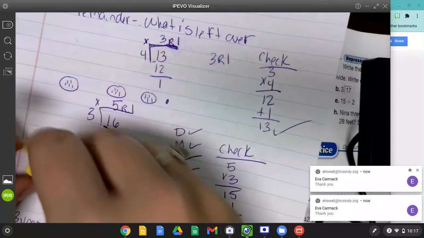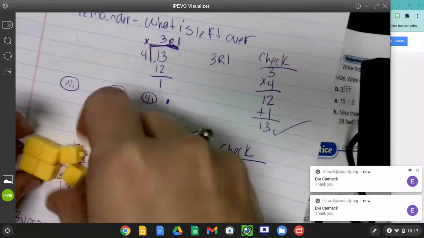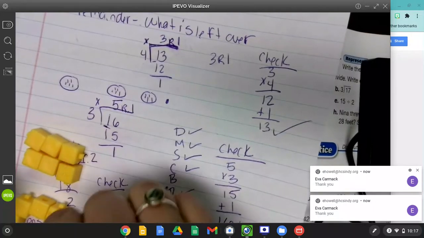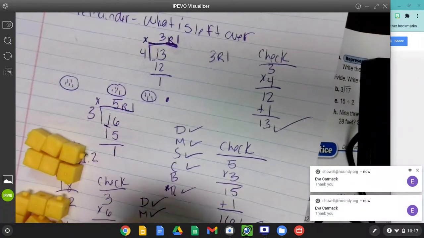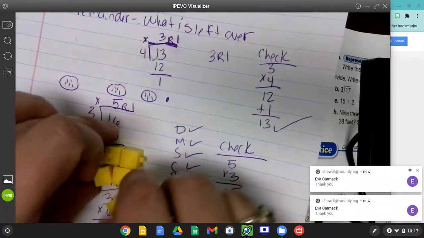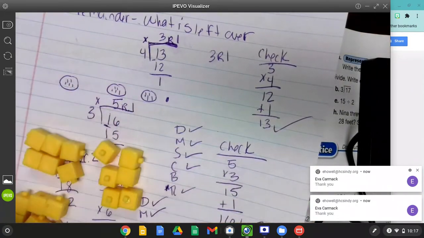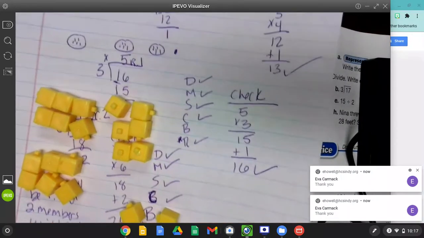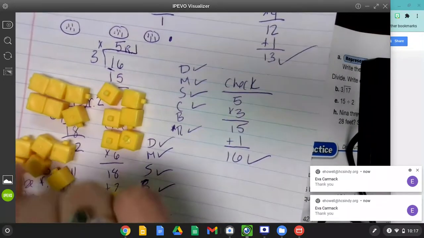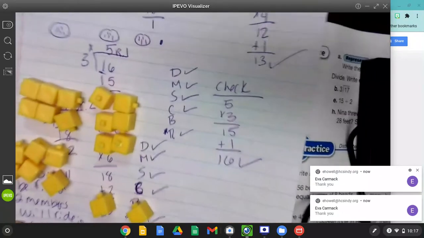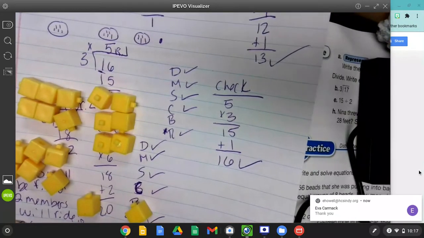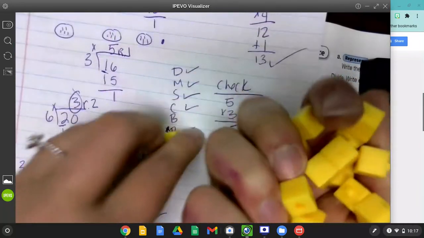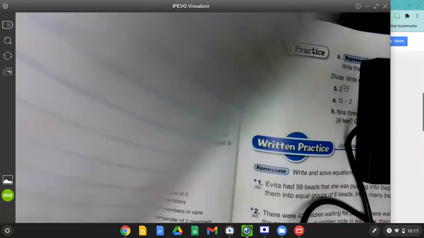So I have 1, 2, 3, 4, 5, 6. 1, 2, 3, 4, 5, 6. 1, 2, 3, 4, 5, 6. Okay, so there's my 3 vans, and these 2 people will ride in a car. Okay, that's another way to help you solve those division problems.